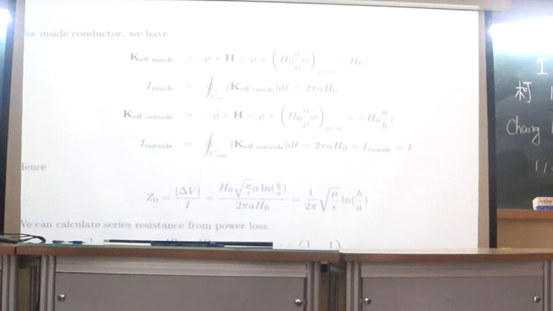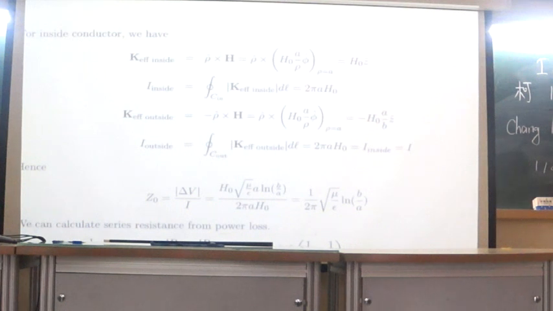Now we need the current in the conductors. And there are two conductors. But after the calculation, you will find no matter whether you calculate the inside conductor or the outside conductor, you will get the same current. And this is quite natural because the charge is conserved. So you totally will have currents in different directions.